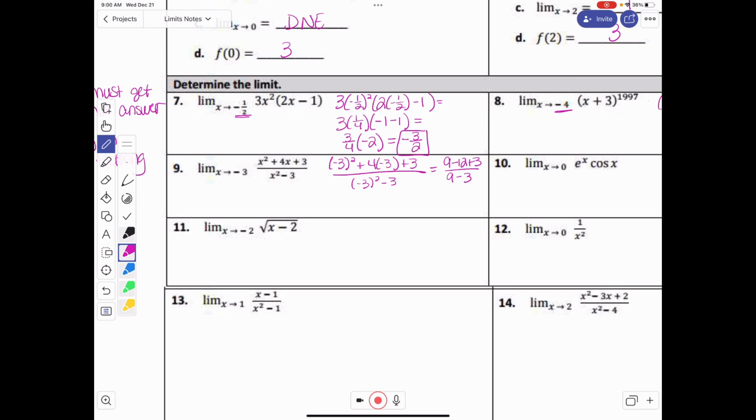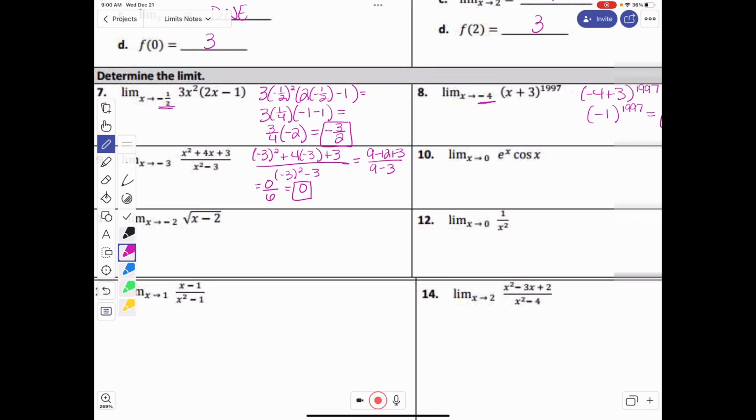And then 9 minus 12 plus 3, that is going to give us a 0 on top over 6. Now, it is okay to have a 0 on top. We just don't want a 0 on the bottom of a fraction. And this will turn into a 0. So this is a finite number, so we are okay with this. So again, we just don't want a 0 on the bottom.